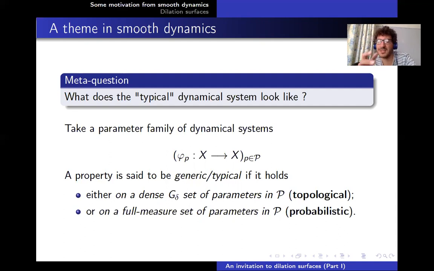So you'd expect P to be a manifold, and the natural measure to be something that's pretty much the Lebesgue measure. People would argue that the second notion, the probabilistic one, is the one that makes more sense from a physical point of view, because when you pick something at random, you usually do it with respect to a measure, whereas the topological notion has the maybe disadvantage that, for instance, you have in R open and dense sets which are not of full measure.